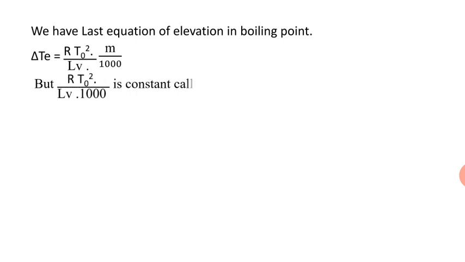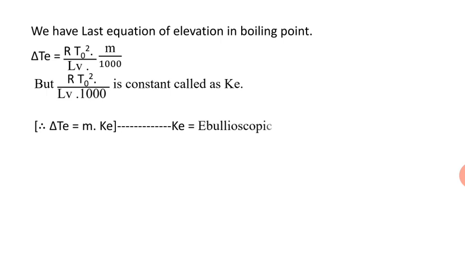But RT0 square upon LV into 1000 is a constant called Ke. Therefore, delta Te is equal to M into Ke, where Ke is the ebullioscopic constant or molar elevation constant.